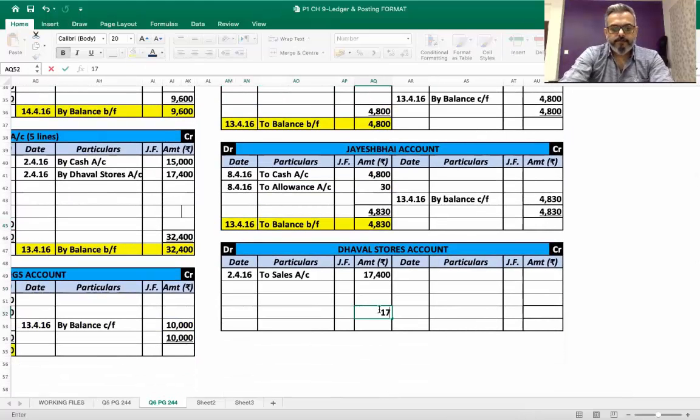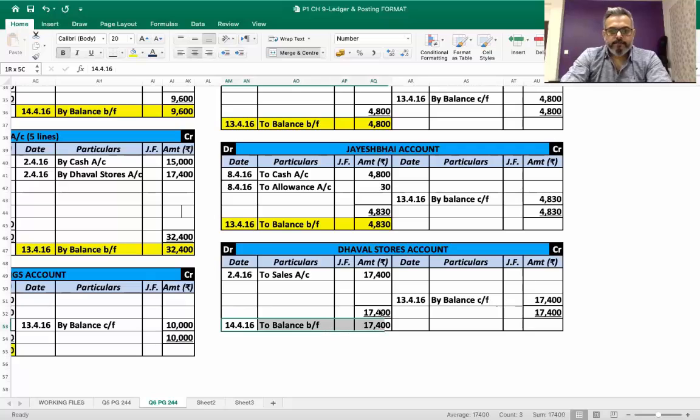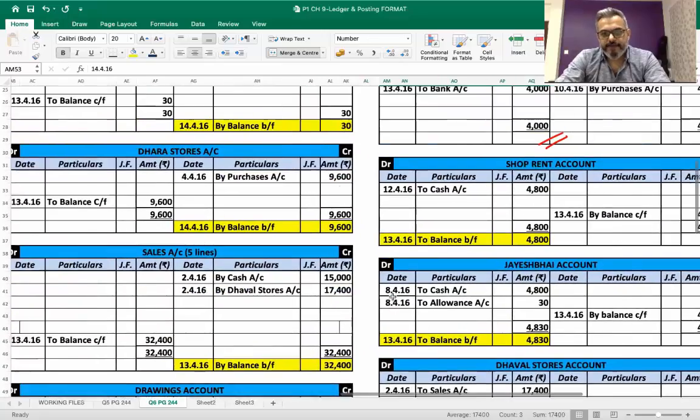Double stores account, 17,400. 14,416, to balance brought forward, 17,400. So now all the balancing is done.